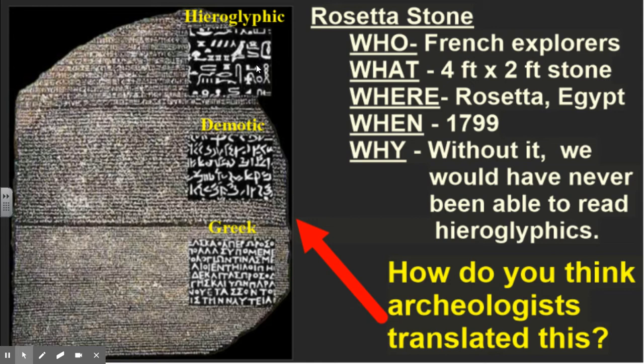So what do they do? They work backwards essentially, and they reverse engineer this thing. They interpret the Greek, so they write the story out in the Greek, and they use what they knew about demotic to go backwards and figure out different parts of it. So they use the Greek to figure out the demotic, and then they use the Greek and demotic to figure out the hieroglyphs.